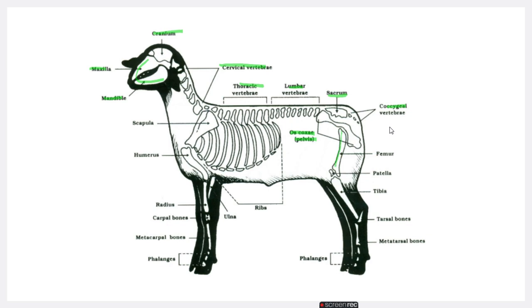Then we have femur, patella, the small one, which is a sesamoid bone, pea-shaped. Tibia and fibula are together, then tarsal bones, metatarsal bones, and phalanges. This one is a scapula, and this one is the humerus, radius and ulna, carpal bones, metacarpal bones, and then the phalanges in the body of a goat.